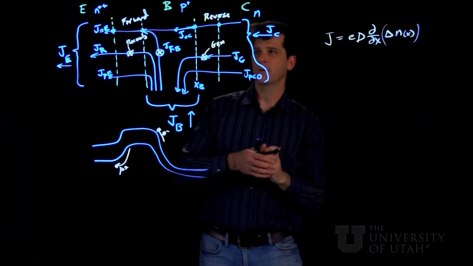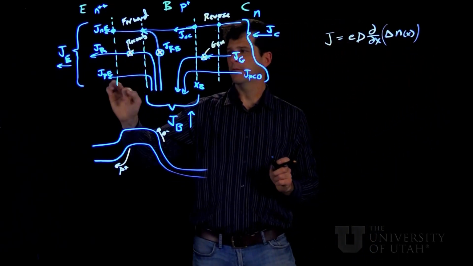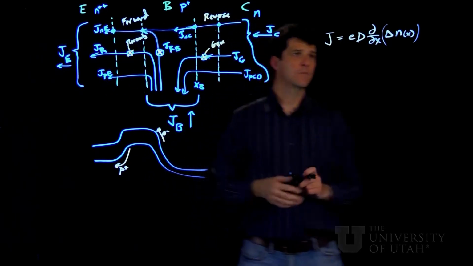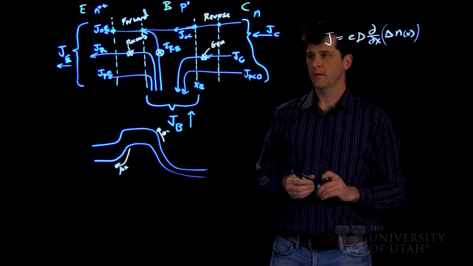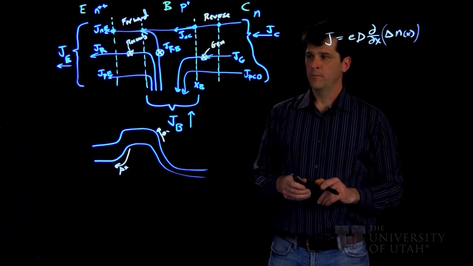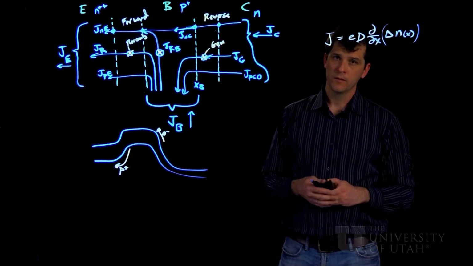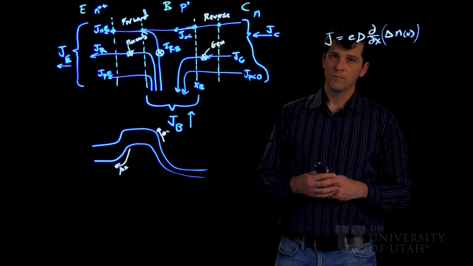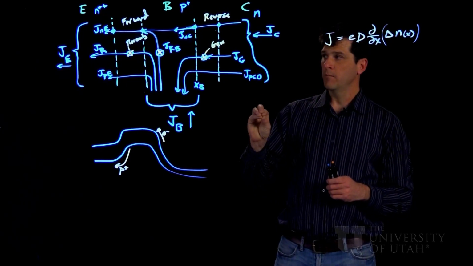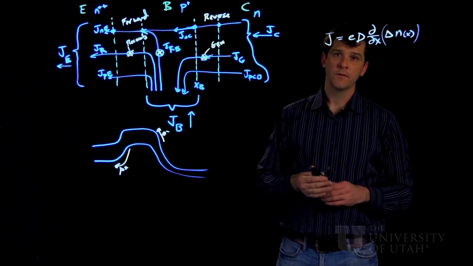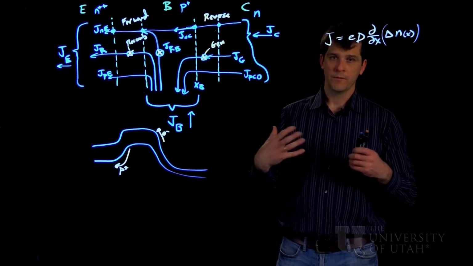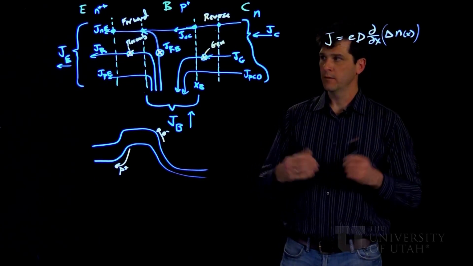So in each of these regions, these types of currents could be determined from equations like this. And then the generation recombination currents can be determined by using the non-ideal diode equation, meaning that we put the ideality factor in the denominator.